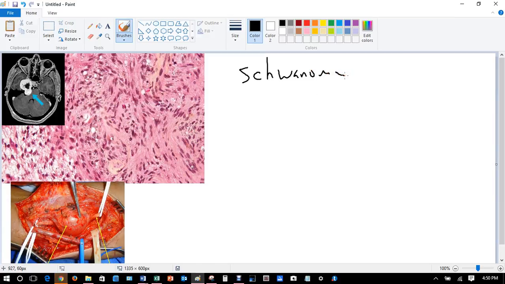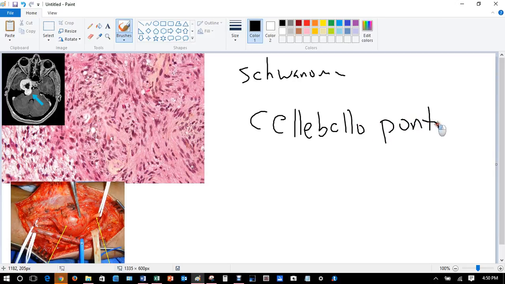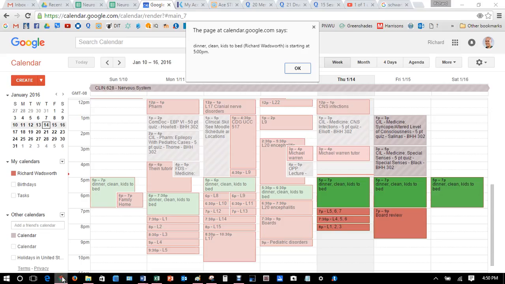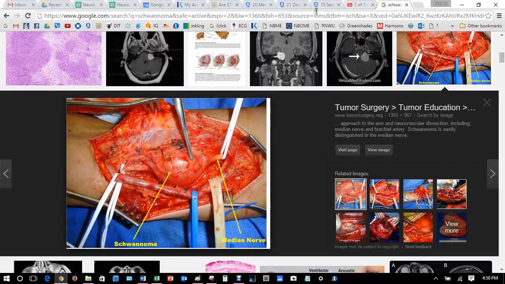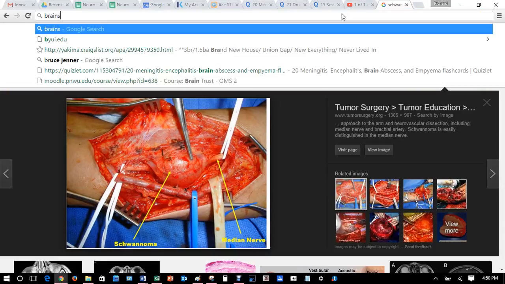Classically at the cerebellopontine angle. The cerebellopontine angle is, I'm seeing two words in there, so I'm going to write this out. Cerebellopontine. If you look at a brain, let's pull up a brain stem.